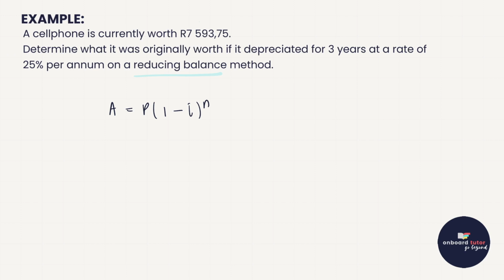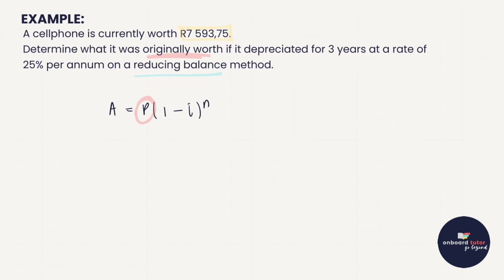Now I want to try and figure things out. A cell phone is currently worth 7,593 Rand and 75 cents. What was it originally worth? In other words, they are asking me here, what was the P value?